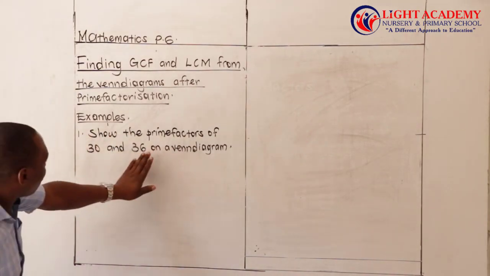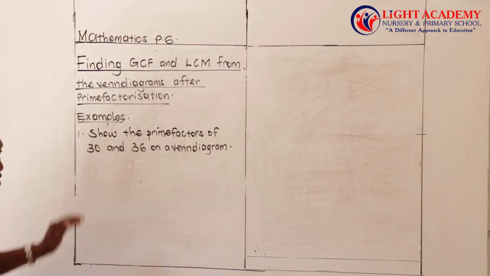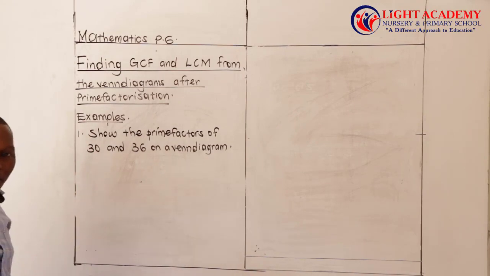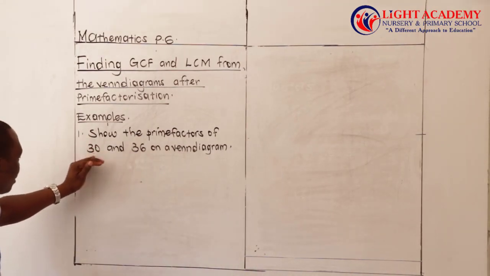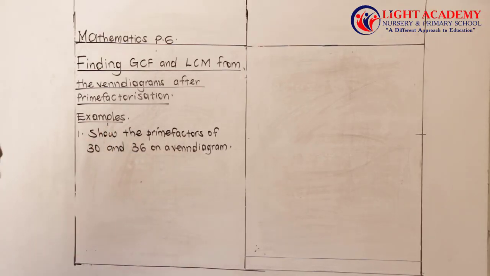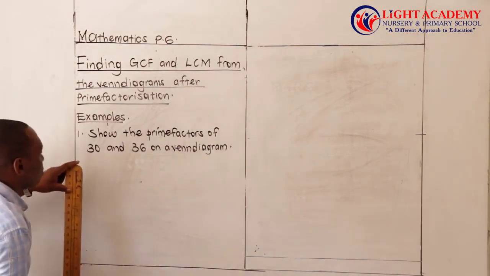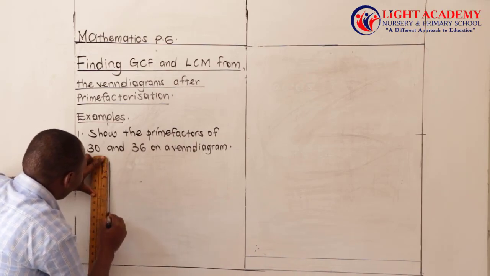Before we go to the Venn diagram, we need first of all to prime factorize these two numbers. Then we get the prime factors. After getting the prime factors of 30 and 36, we shall be in position to show them on a Venn diagram. To prime factorize 30, we shall draw up a ladder, just a column.